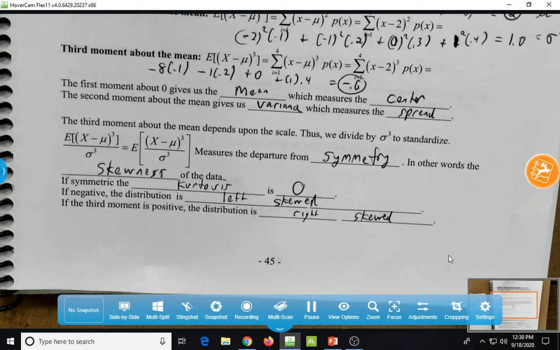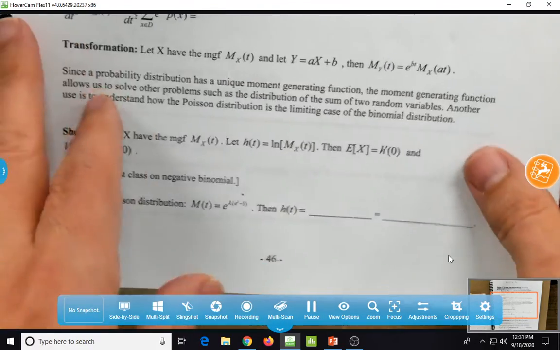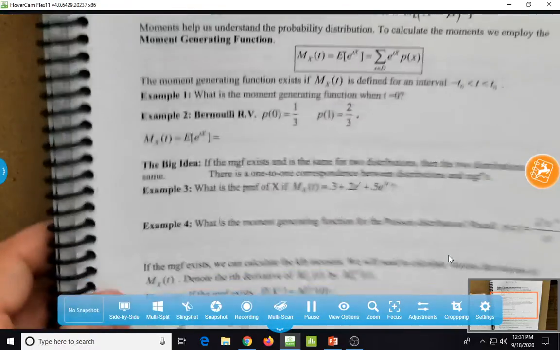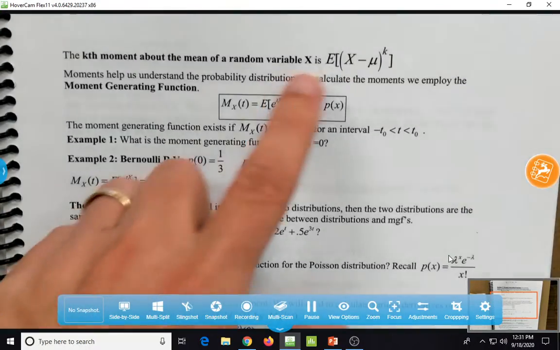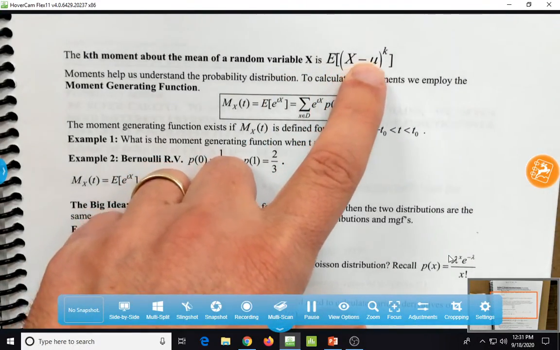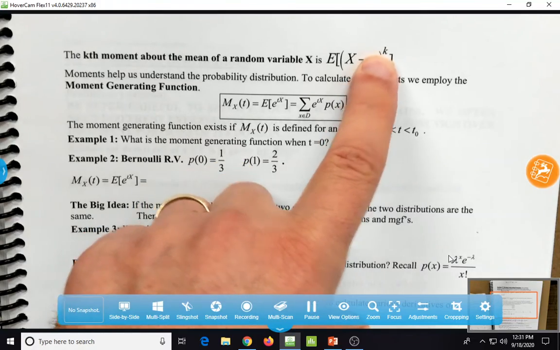So with most statistics, you try to have a graphical representation and a numerical representation. Not always do you get that, but the skewness tells us whether it's right skewed or left skewed. And it's one that you can ask most programs, including Minitab, to give you. So the kth moment about the mean is the expected value of (x minus mu) to the k.